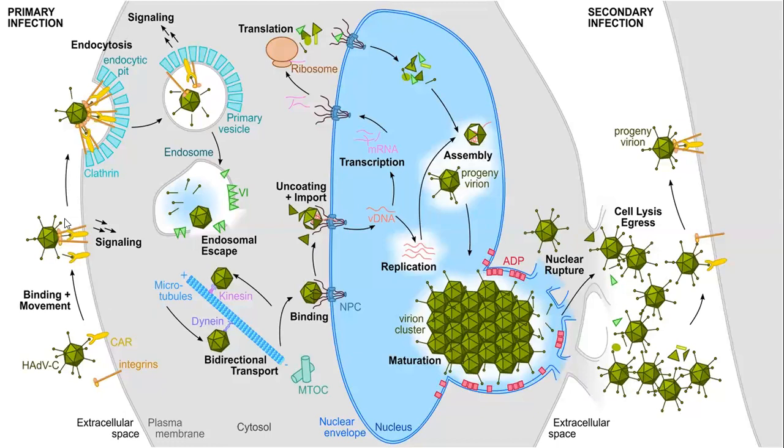So if you could find an antiviral that would block them from recognizing this receptor, then that's one way of doing it. You could also find a way of, so this is microtubules in the body. And what the virus would do is hijack these systems, kinesin and dynein, to travel to and from the nucleus, right?